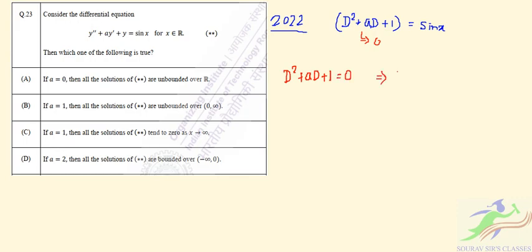So from here D equals minus a plus or minus the square root of a squared minus 4, by 2, right?